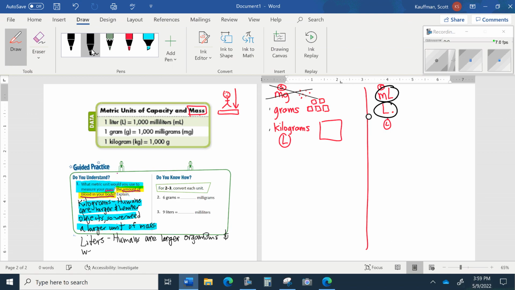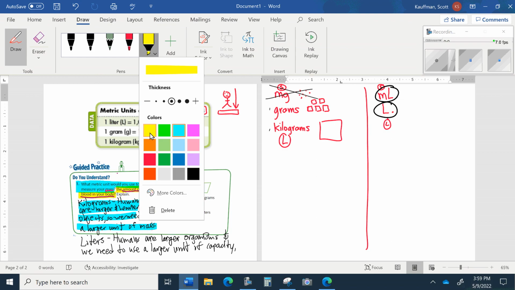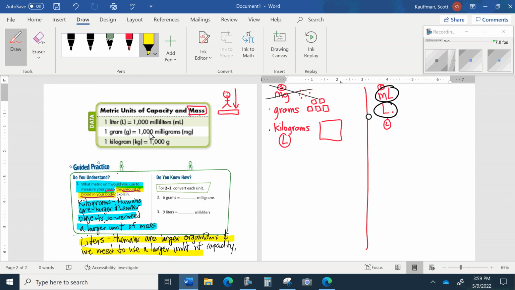And we need to use a larger unit of capacity. Okay? So those are two great answers that I would use to describe the unit that I would use for mass, which again is kilograms, and the unit I would use for capacity to measure the amount of blood in our body, which would be liters. Okay?